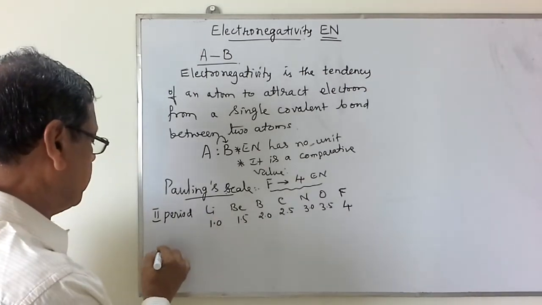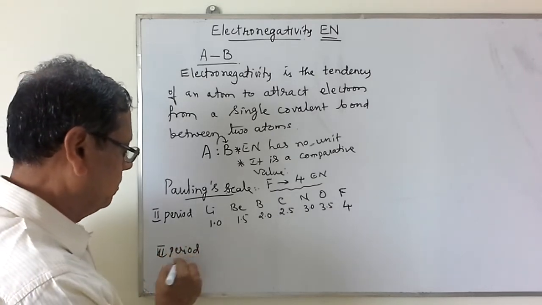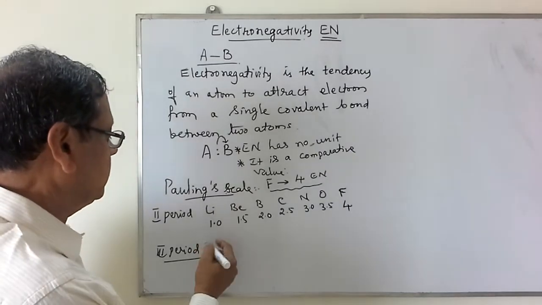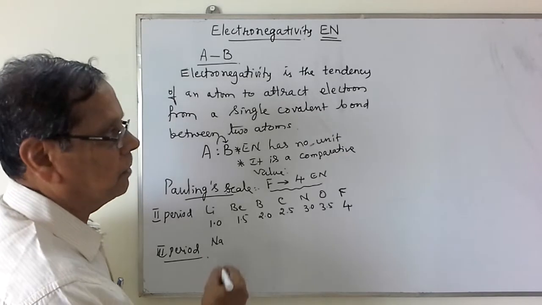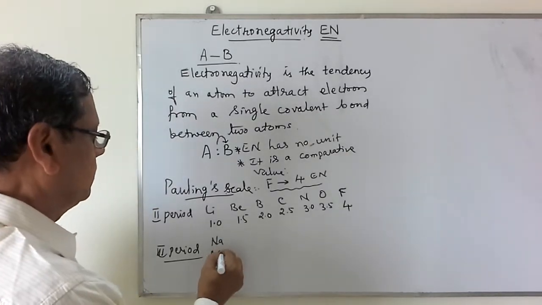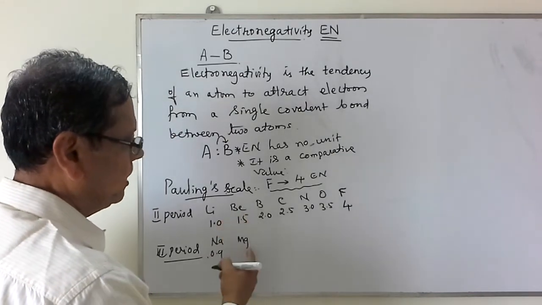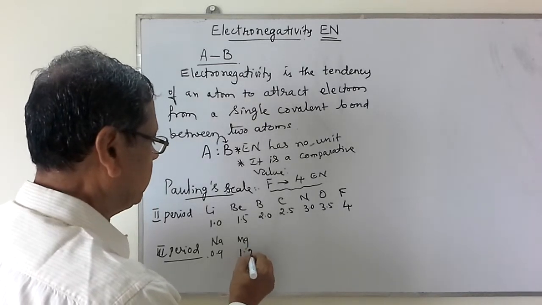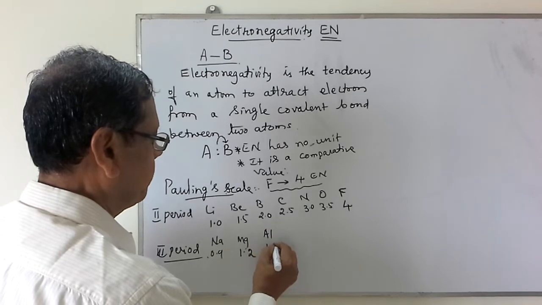But as we move from top to bottom in a group, electronegativity decreases. Comparing lithium, sodium has less, about 0.9. Similarly, when we move from beryllium down, it becomes magnesium, which is 1.2. Then aluminium, 1.5.